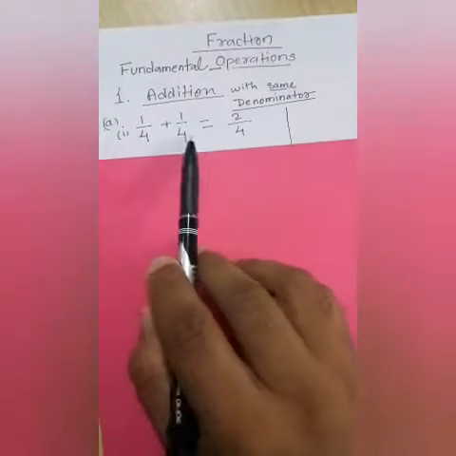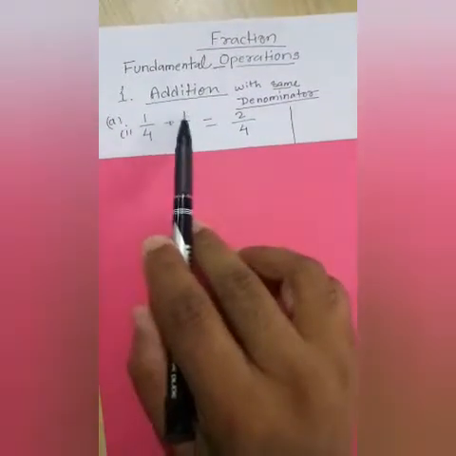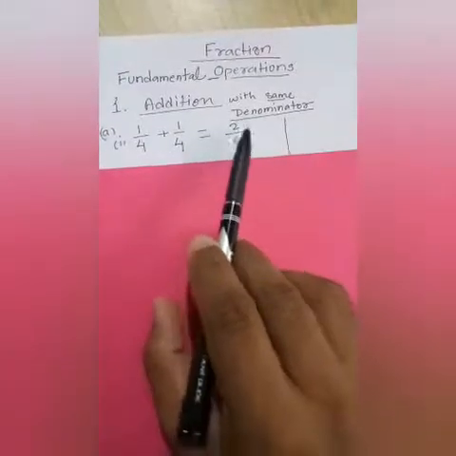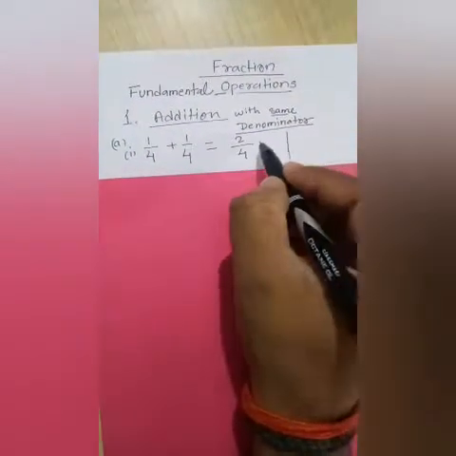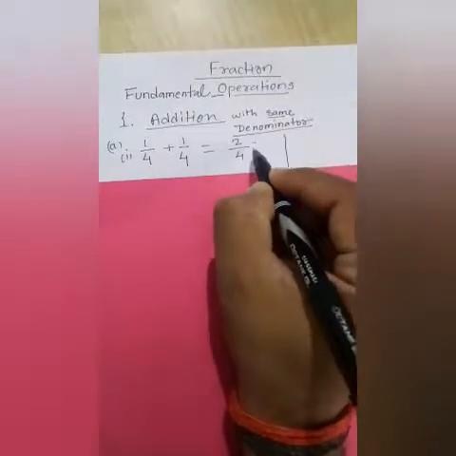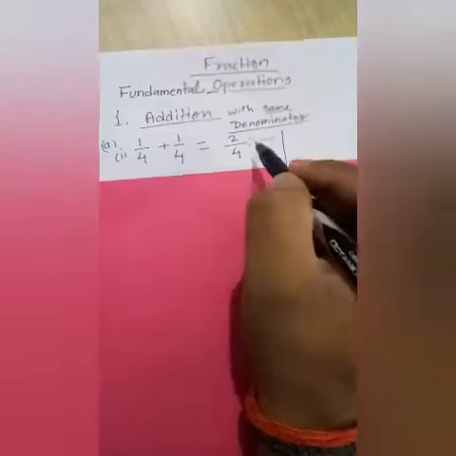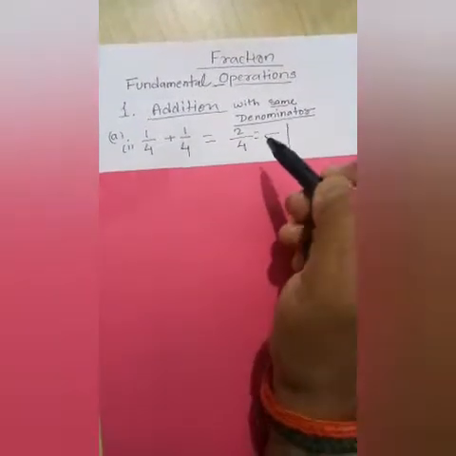So when the denominator is the same, you just write the denominator as it is and add the numerators. 1 plus 1 is 2. Now you can see this fraction can be simplified, or written in simplest form or reduced form. I would show you how to do it if you know the divisibility test properly.